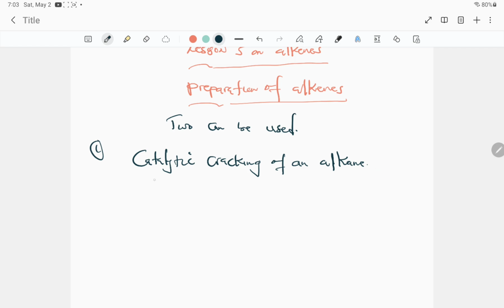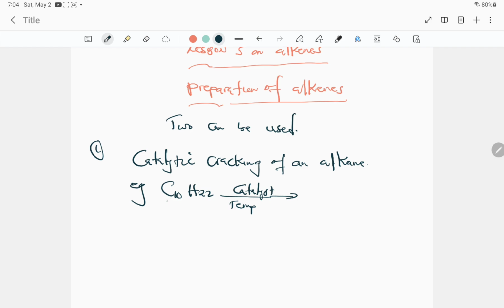For example, if we have a big molecule like C10H22, to break this one we need some conditions that can help us: a catalyst and temperature as well. These are the conditions that are needed to do this.